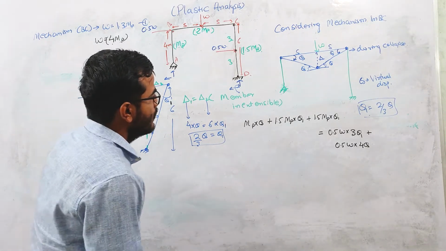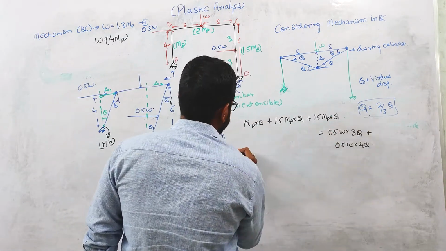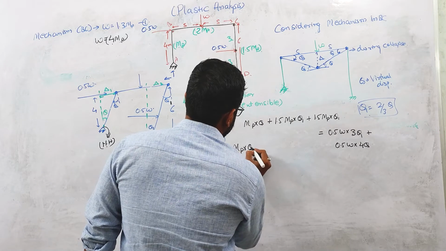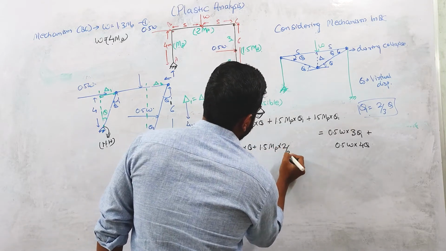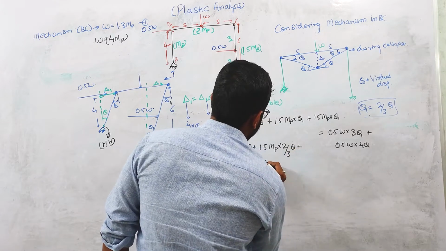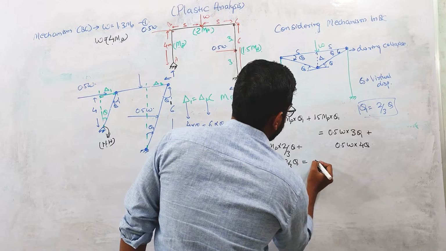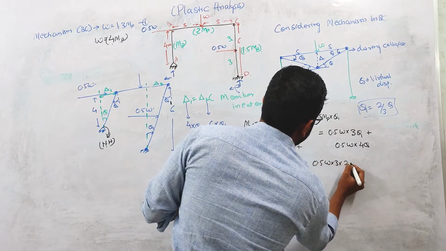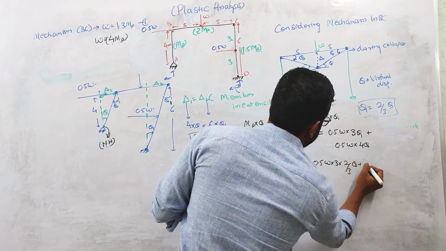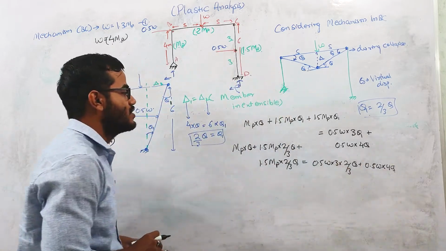Okay, so if you put the value of theta 1 into this equation, it will become 2 by theta plus 1.5 mp into 2 by 3 of theta equals 0.5 w into 3 into 2 by 3 theta plus 0.5 w into 4 theta. So this will be our equation.